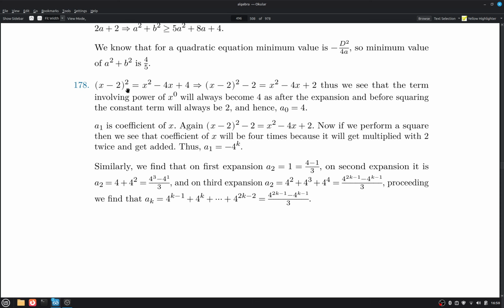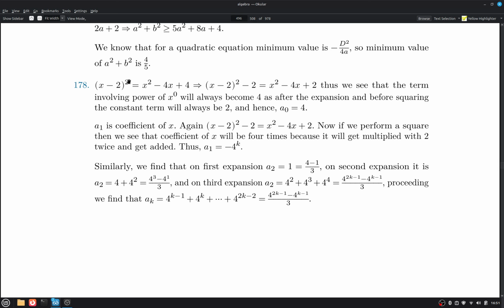So we see x minus 2 whole square is x square minus 4x plus 4, which is equal to x minus 2 whole square minus 2. Sorry, this is x square minus 4x plus 4 minus 2. So you see that the term involving x to the power 0 will always become 4 after the expansion, and before squaring the constant term will always be 2.